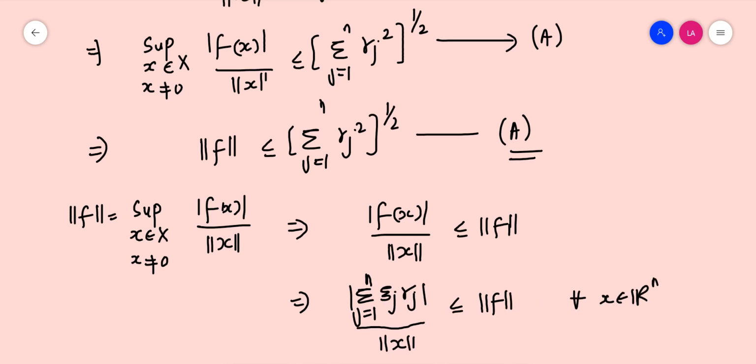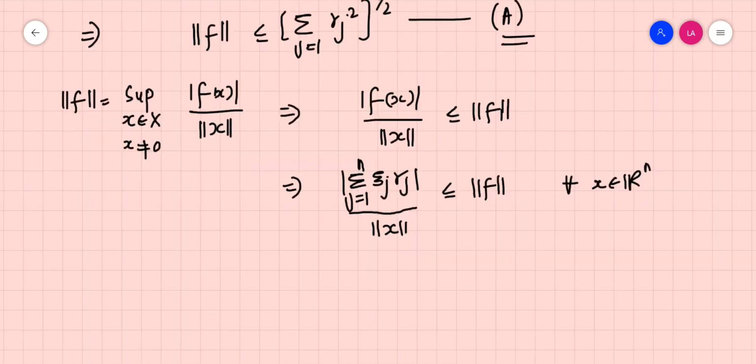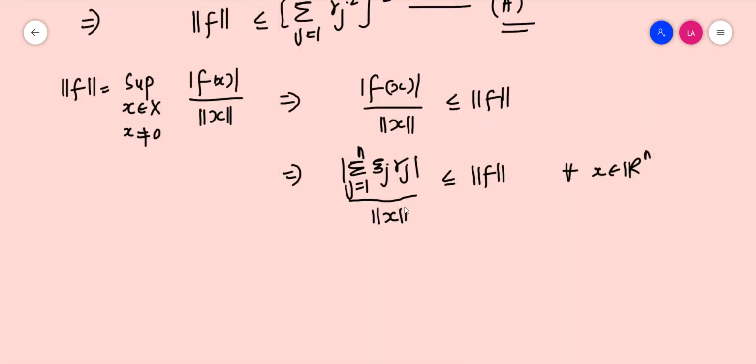This is true for every x. So in particular, we substitute a particular value of x to obtain the result, since the result is true for any particular value.